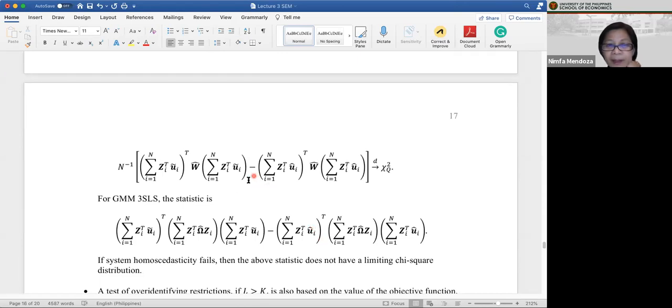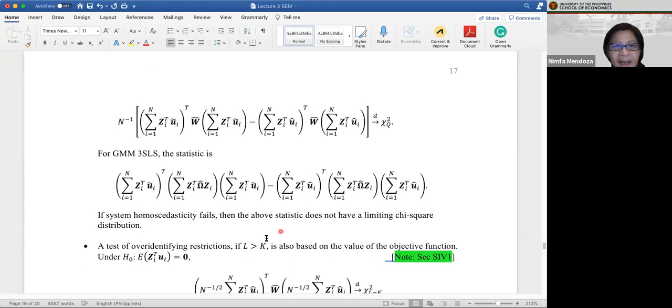So you get the difference between the values of the objective functions. And this would also be asymptotically distributed chi-square with q degrees of freedom. Note that for a chi-square statistic with q degrees of freedom, you're really summing q squared standard normal random variables. So really this is some form of sum of squares.